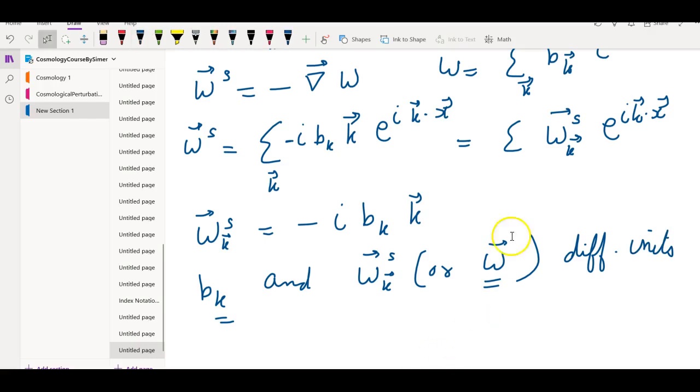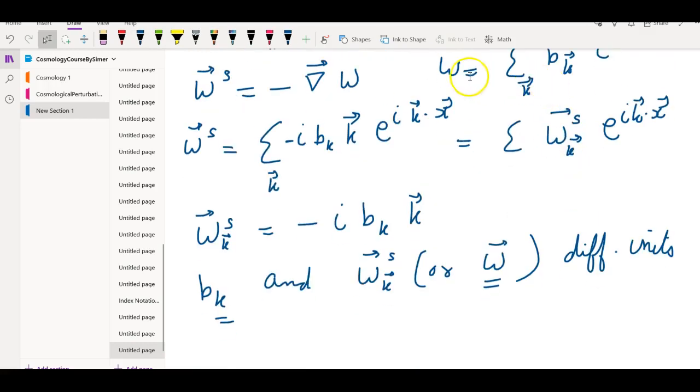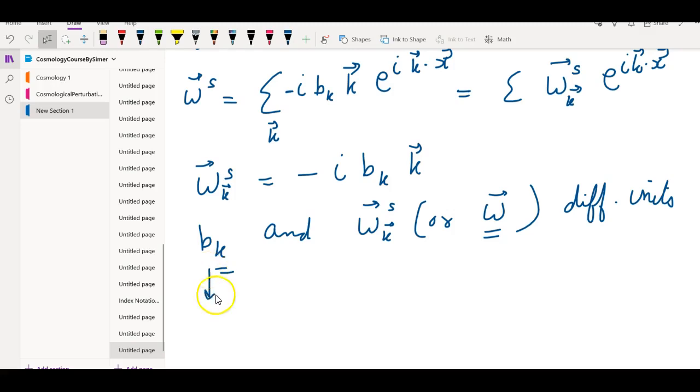B_k has the same units as the potential W, but different units from the original vector W. And that makes sense because the gradient of this W has the same units as this W. So this having different units makes sense.